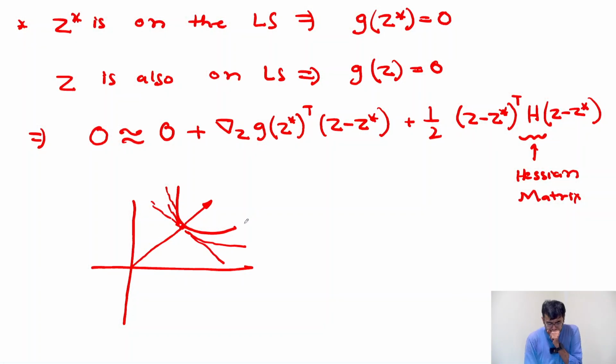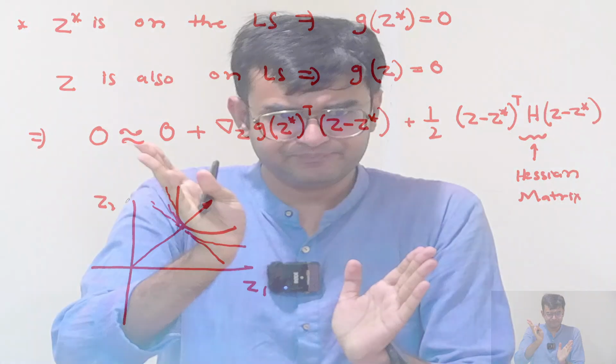So what I do is I transform this coordinate system. So z1 and z2, I rotate it such that one of the axes is along alpha.